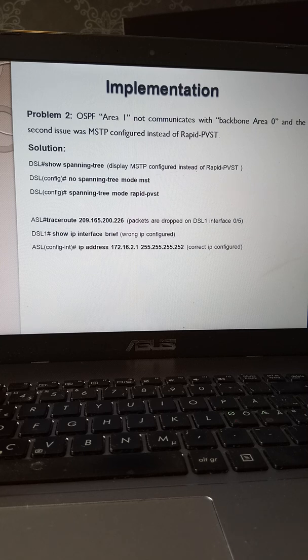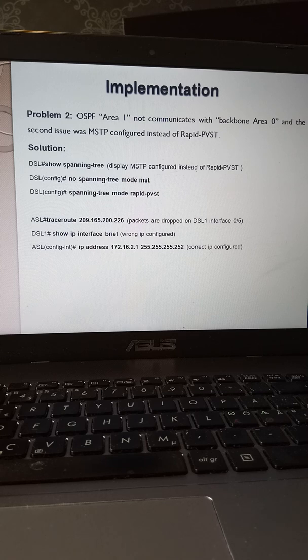We fixed it with these commands: no spanning-tree mode mst, and then spanning-tree mode rapid-pvst. For the other problem, we tried to ping the provider edge, and it failed. The traceroute dropped the packet on the DSL switch, DSL1 interface 5, so we came to know that this interface 5 is down.